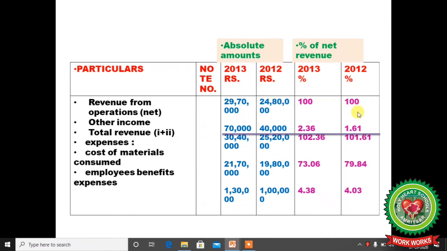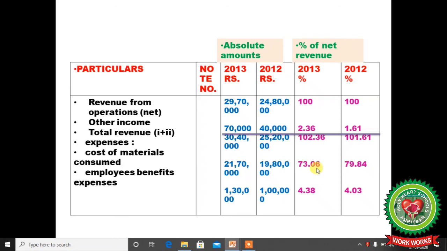Percentage of net revenue. Now other income. For other income also, consider revenue from operation. 70,000 multiplied by 100 divided by 29,70,000 gives the percentage 2.36, and for 2012 it is 1.61.